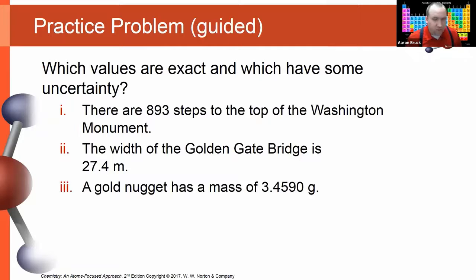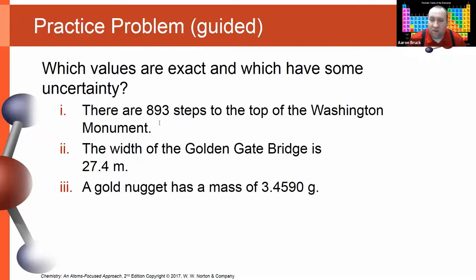So with that in mind, another practice problem to consider, again, pause the video here if you want to try to work these out for yourself for getting the answers. I'll go ahead and let you stop. And so of these three things, which are exact values and which ones are uncertain values? Well, again, anything that we can count is an exact value.